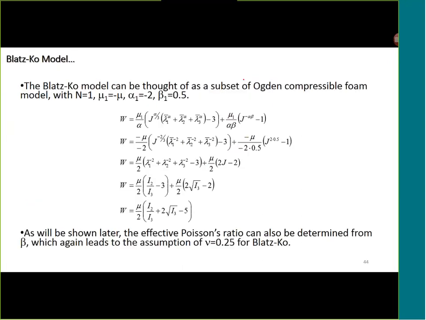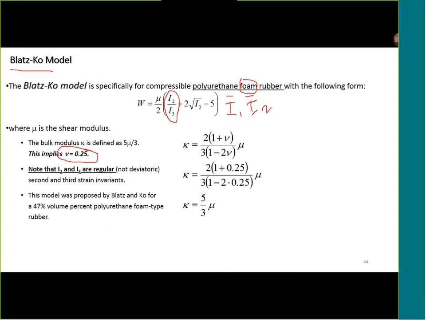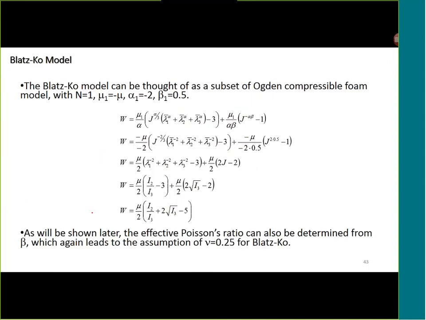So here are some guidelines on how one can relate the compressibility with the bulk modulus of the material for different Poisson's ratio. Here the Poisson's ratio is assumed as 0.25, so the bulk modulus becomes 5/3 times the shear modulus. This is a fixed relationship. It is found to be working well for 47% volume content of polyurethane.